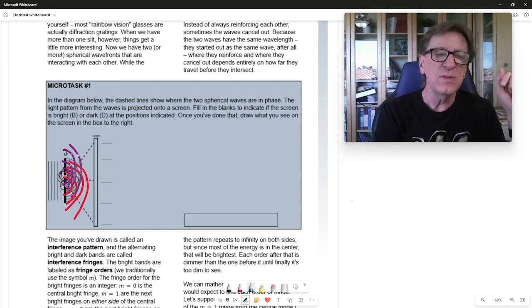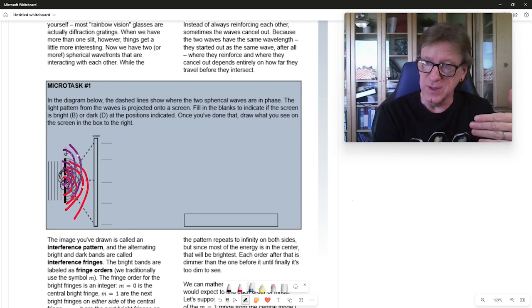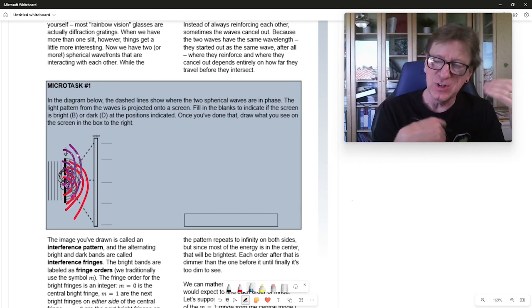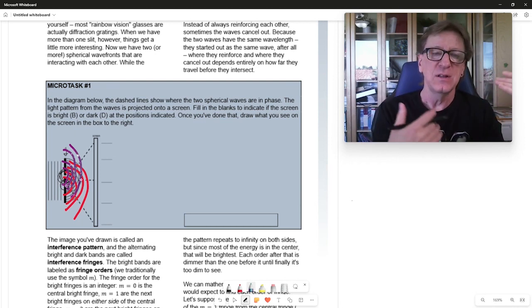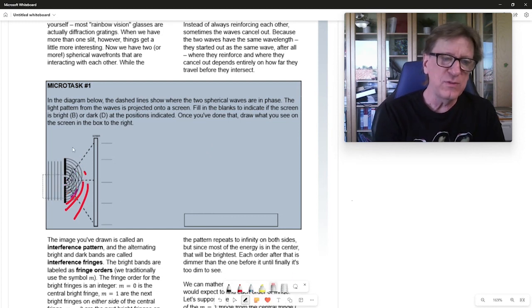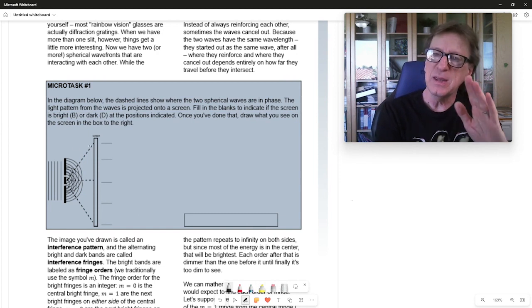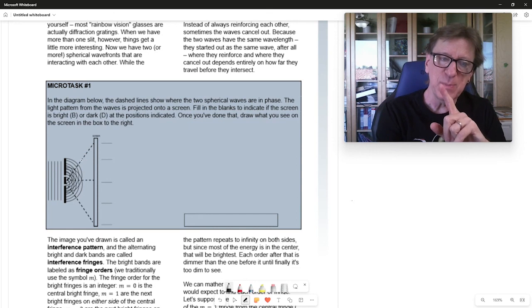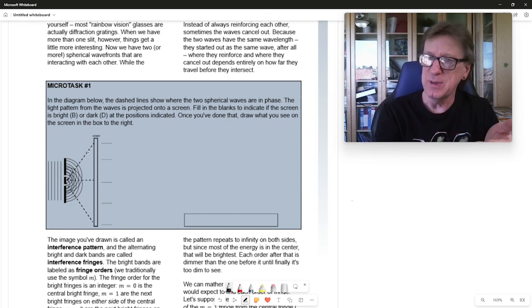So wherever these 2 combine constructively, they're in phase, and so it's going to be bright. If they combine destructively, 180 degrees out of phase, then they're going to be dark. So what we've done with the dashed lines that you see here is everywhere that you see a dashed line, that's where I'm indicating, okay, right here along this path is where they happen to be in phase.